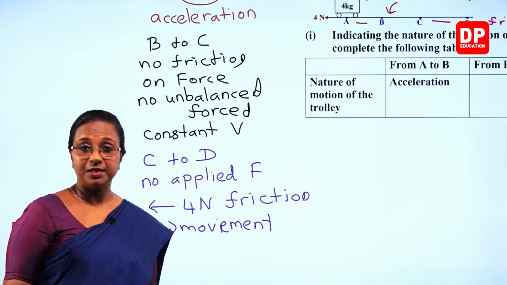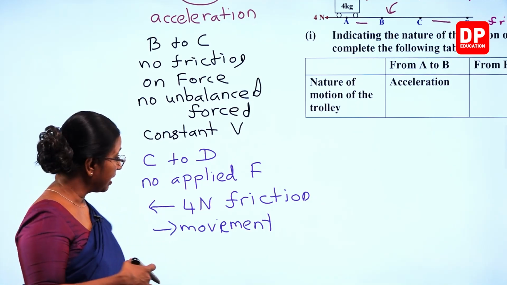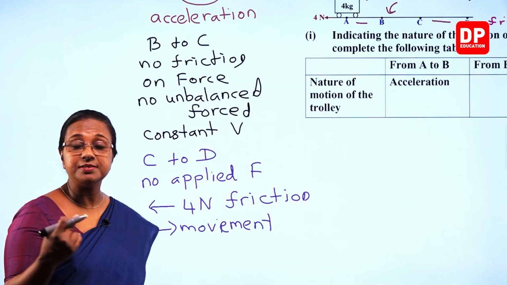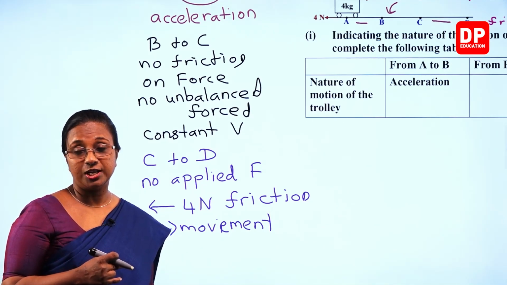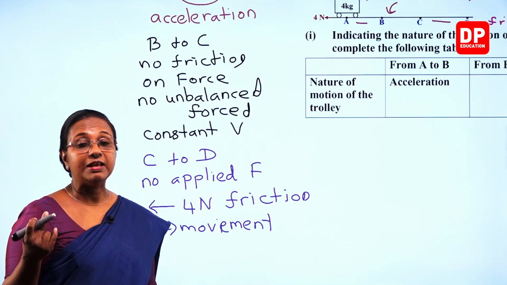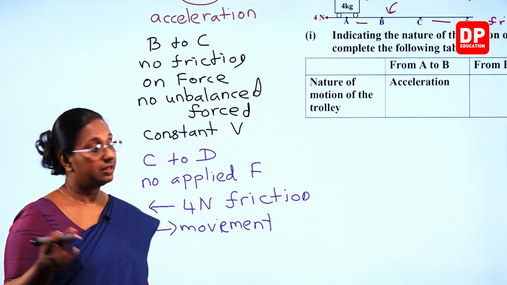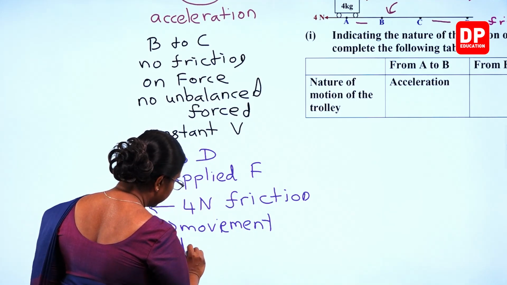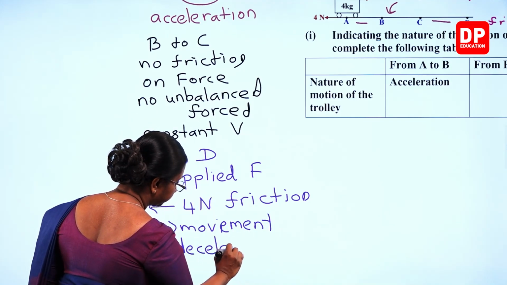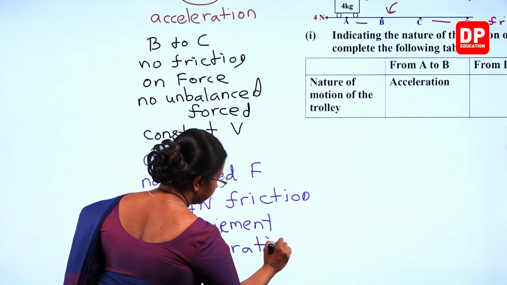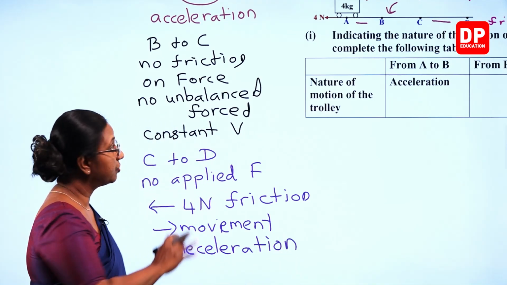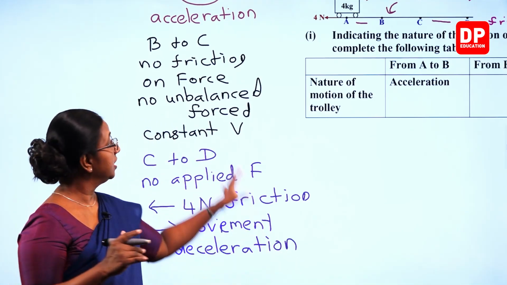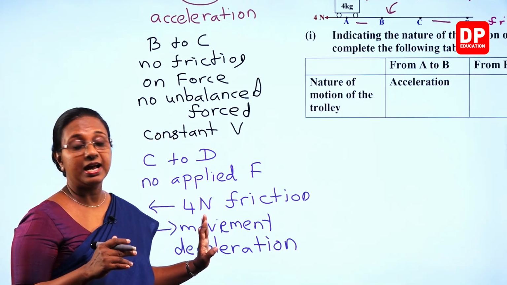Then what will happen? There is an unbalanced force acting opposite to the movement of the trolley. So it will decelerate. Here it's going to be deceleration. Is that clear, student? So from the given information, these are all what we can understand.